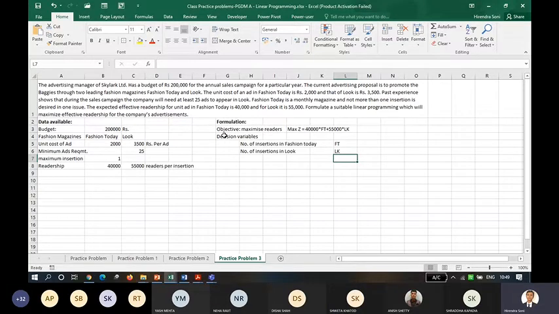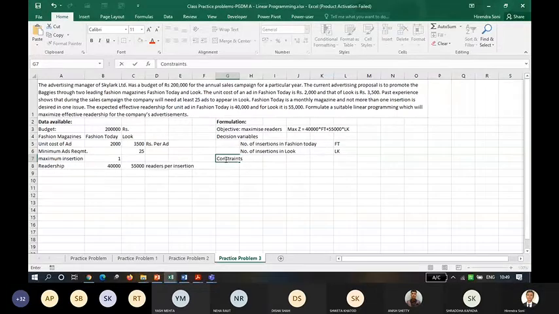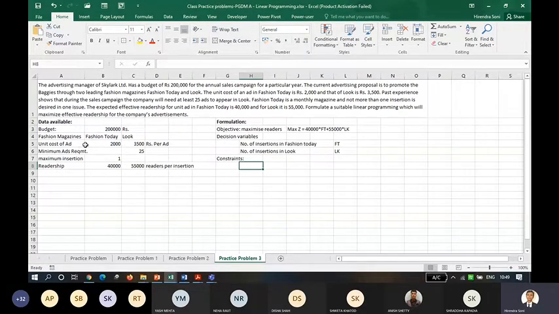Now my constraints. What will the constraints be? Will cost also be my constraint? It would be limited by budget.